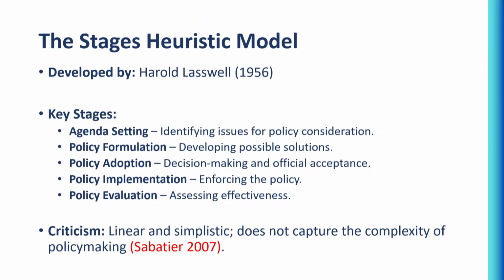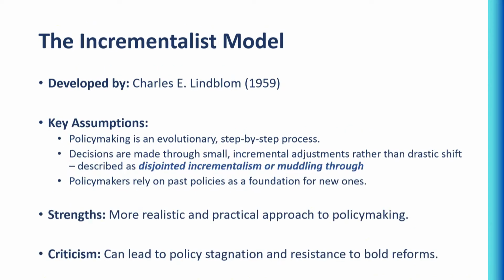But it does not capture the complexity of policy making. No doubt, this still gives us a broader framework in terms of thinking of different stages of the policy cycle. Then there is the incrementalist model, which says that policy is an evolutionary, step-by-step process.